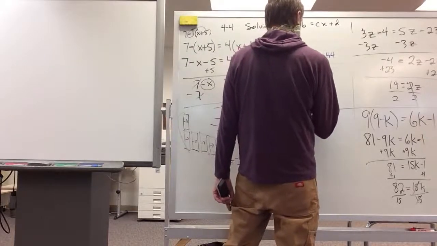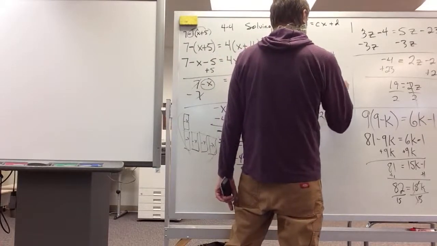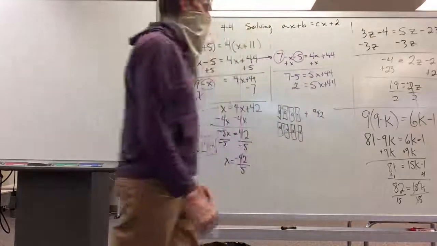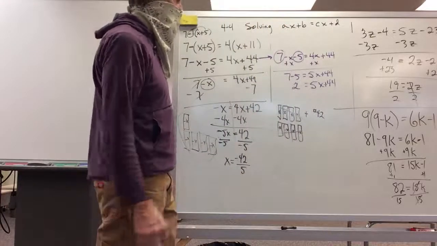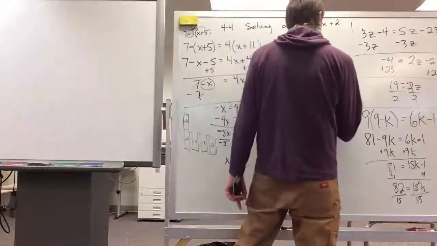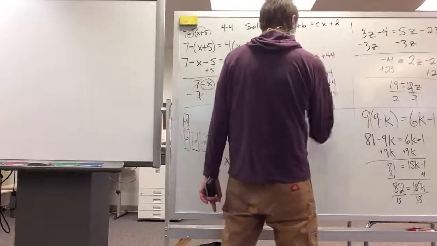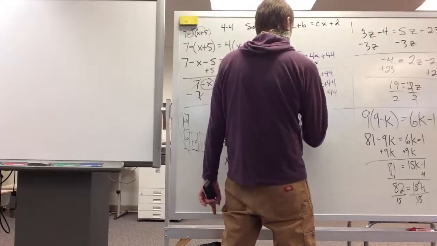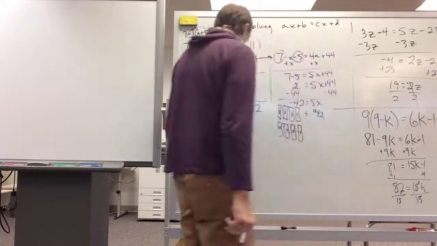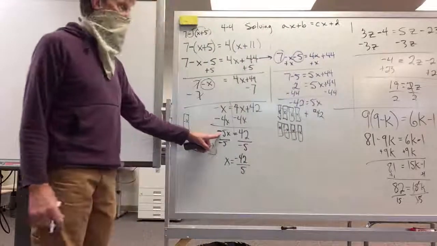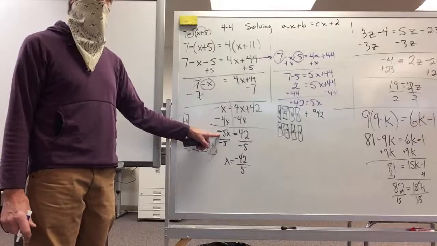Can you see where this thing's going now? You subtract the 44. And then you have a negative 42 is equal to 5x, which is where we were sort of here, except we just have the negative over on the other side.